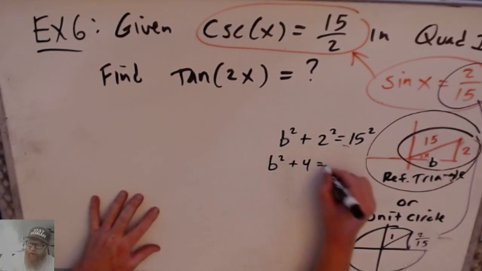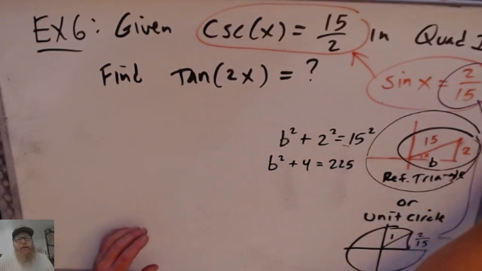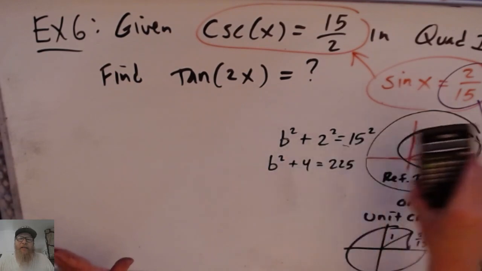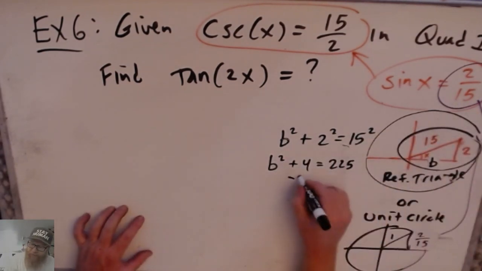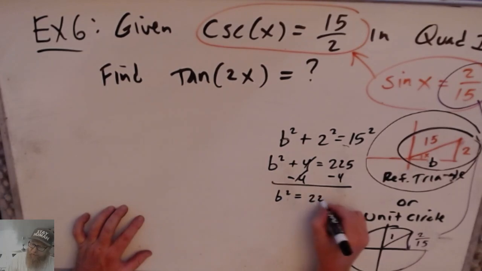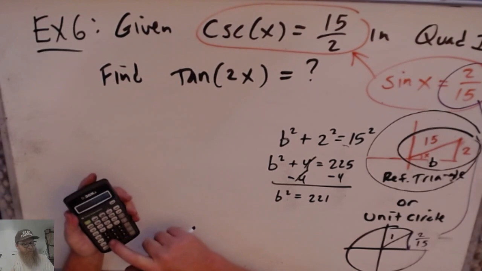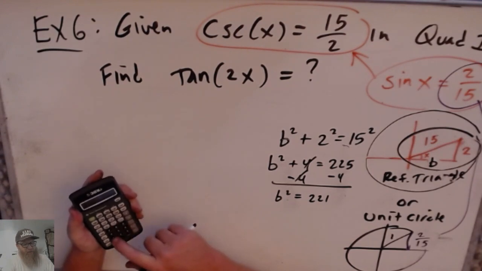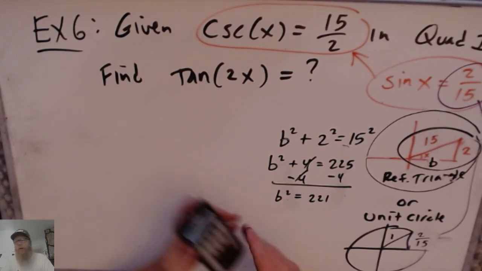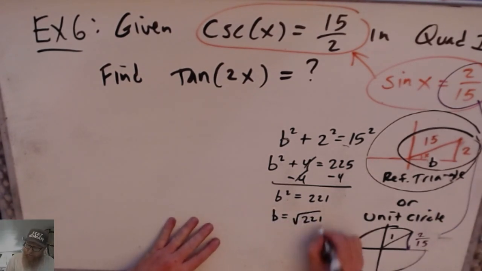So you get b squared plus 4 is 225. I think I memorized that one. 15 squared. Do I have to use the calculator? I don't think so. So you're going to subtract: b squared is 221. If you really want to be safe, 15 squared minus 4, 221. All right. And so b is the square root of 221.